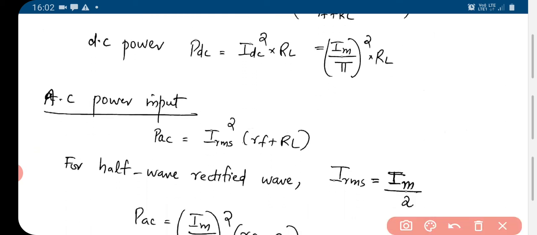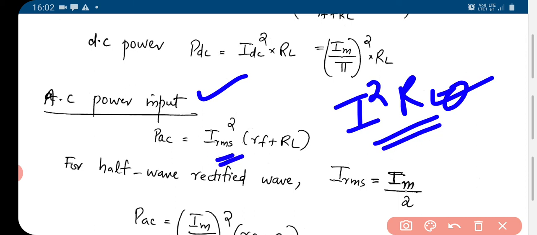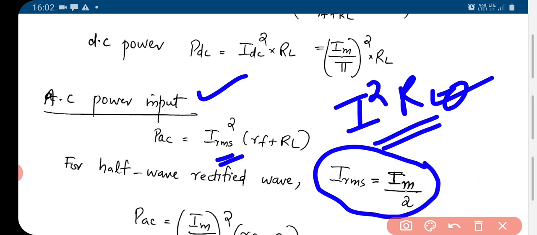The AC power input is given by again the equation I square R for power, and here the I is IRMS. For the half wave rectified case, this IRMS is given by Im by 2.